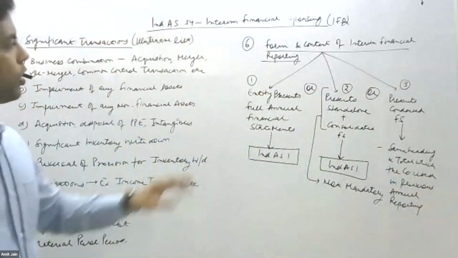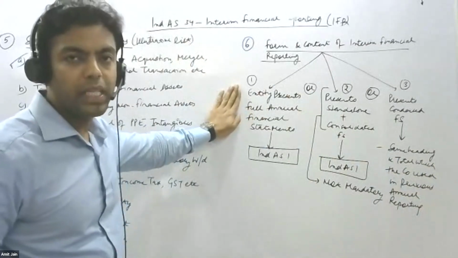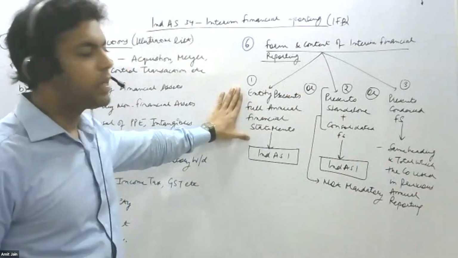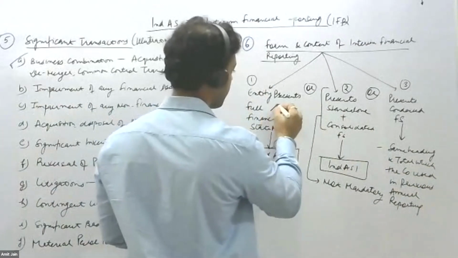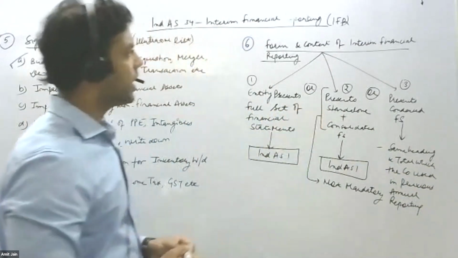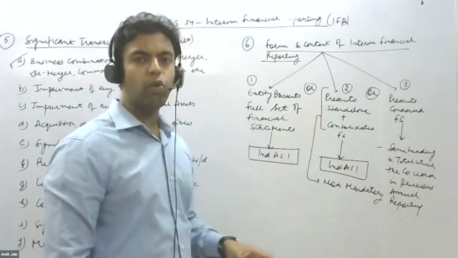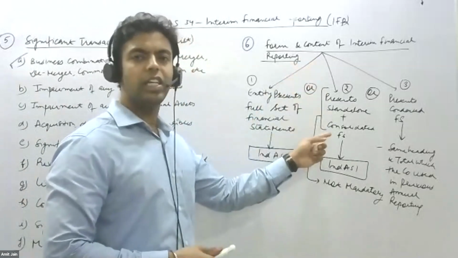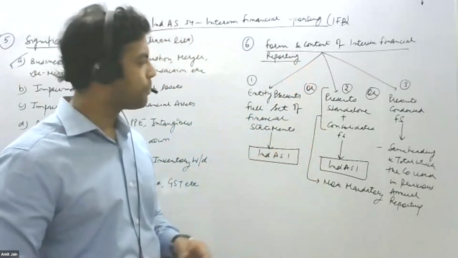Right, guys? So there are the three forms. If the company presents a full set of financial statements in the interim financial statements, then they have to follow Ind AS 1. If the company presents the standalone and the consolidated financial statements in the interim financial reporting, then it is actually not required, but if the company presents, they have to follow Ind AS 1 again.